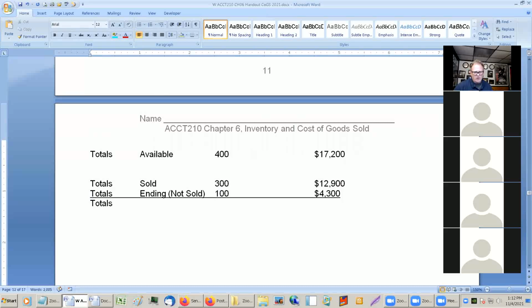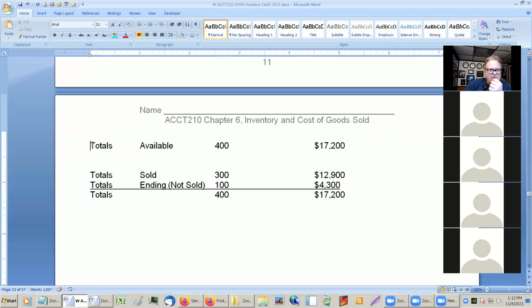You'll notice that the totals of those come out to the same as this.